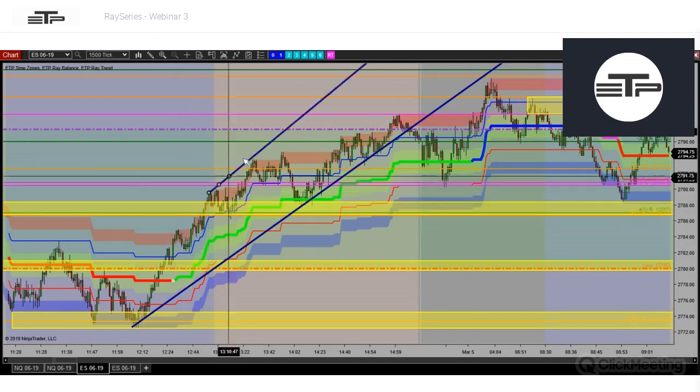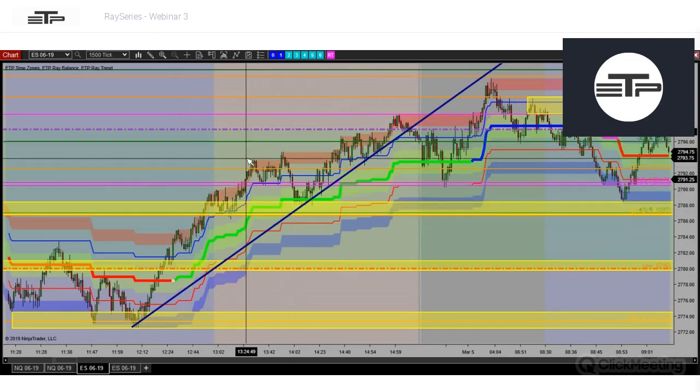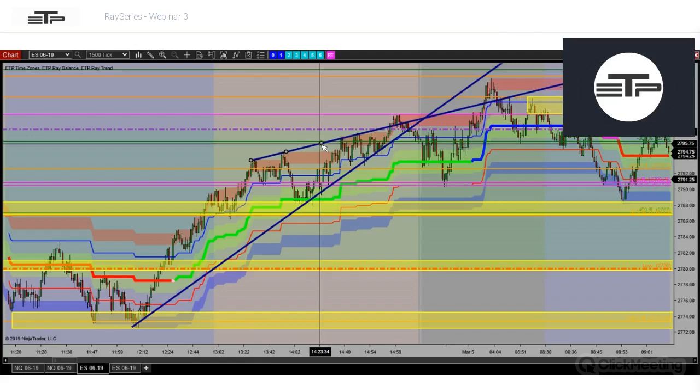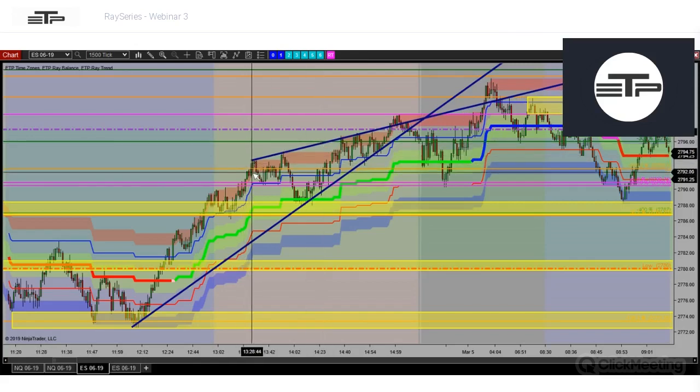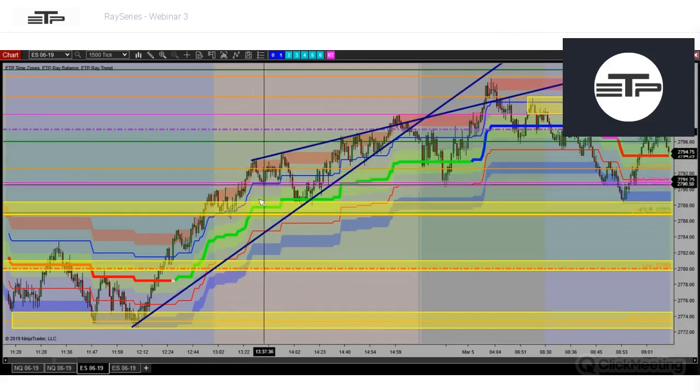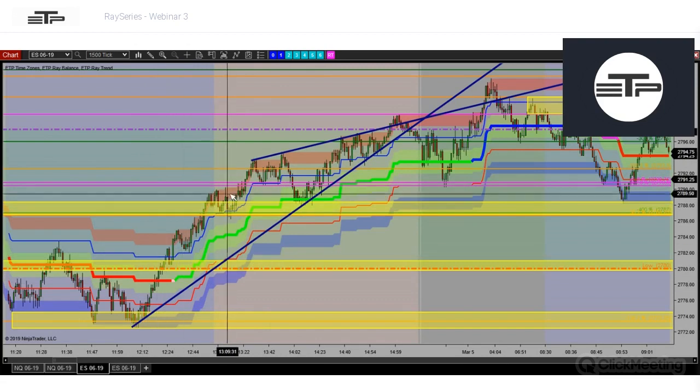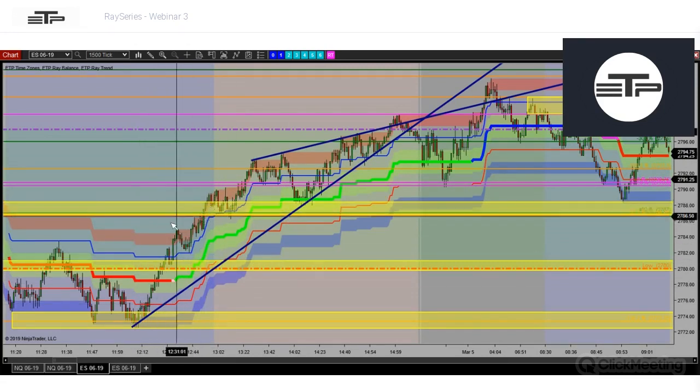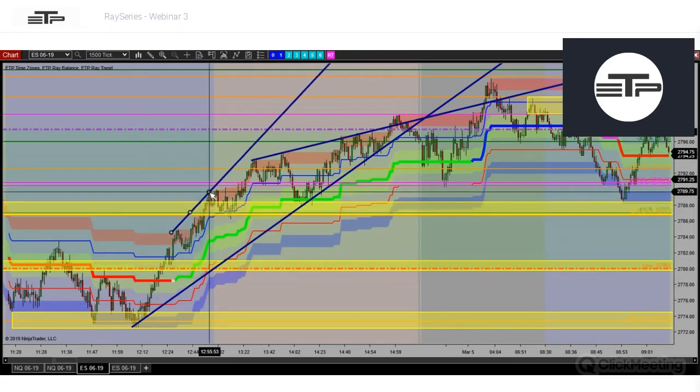Then if you draw them from the tops, after it put in a double top, because this was a very aggressive trend, if we were to draw from the top right here, it just goes into space, and we've got to be a little more realistic. Price is not going to keep this up forever, obviously.